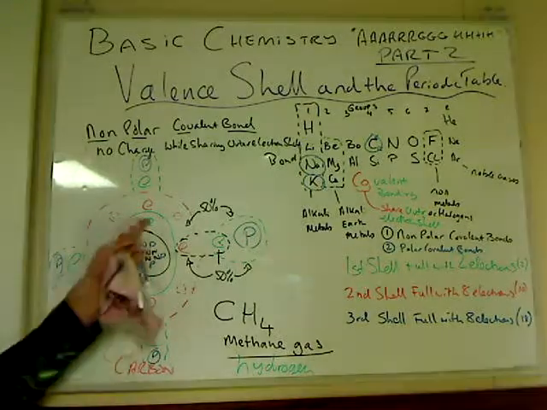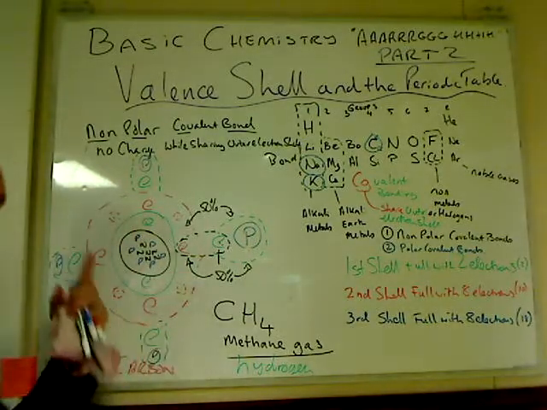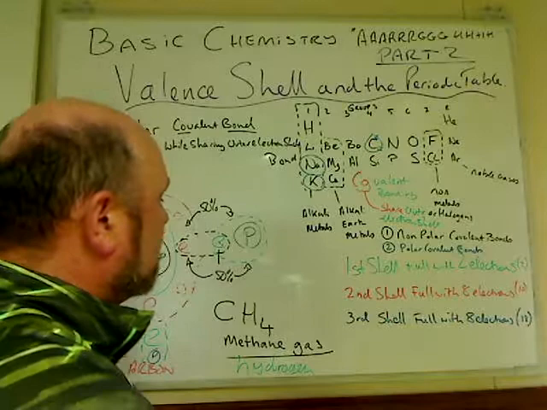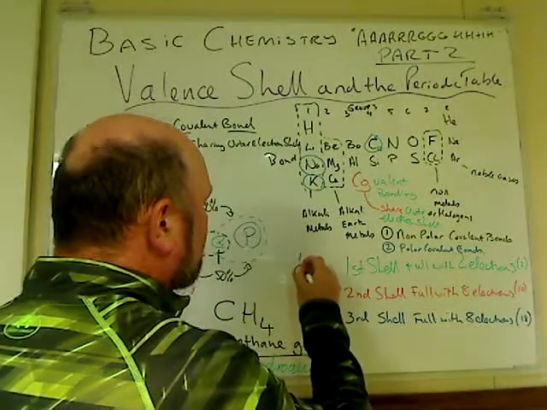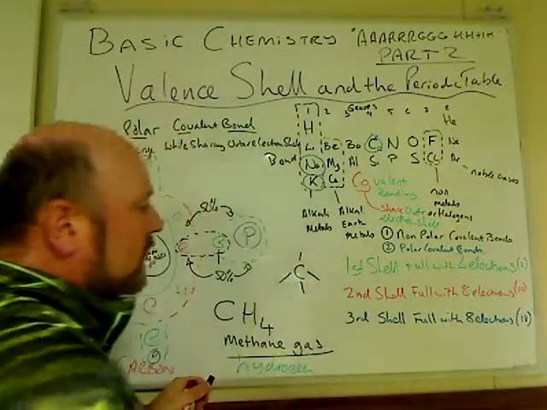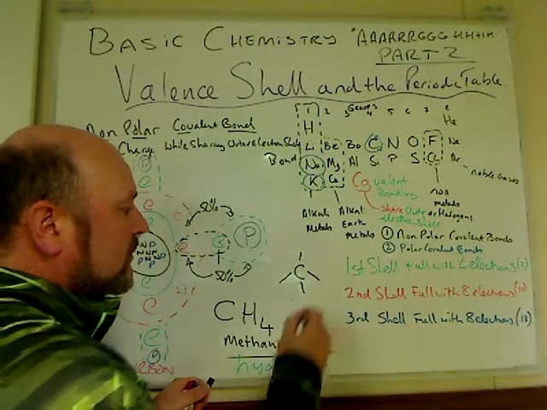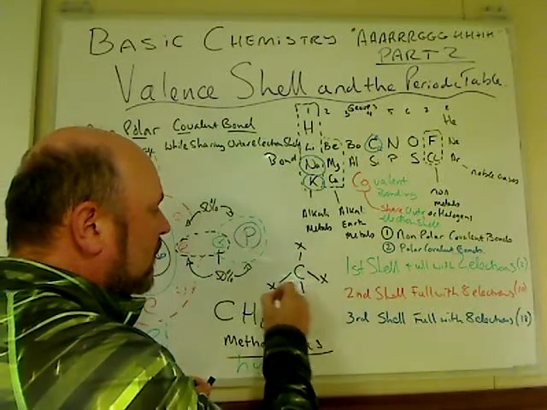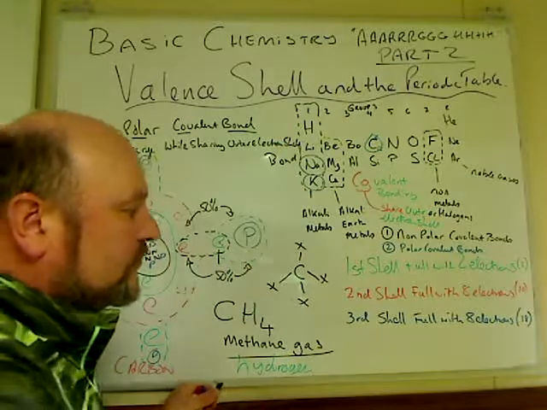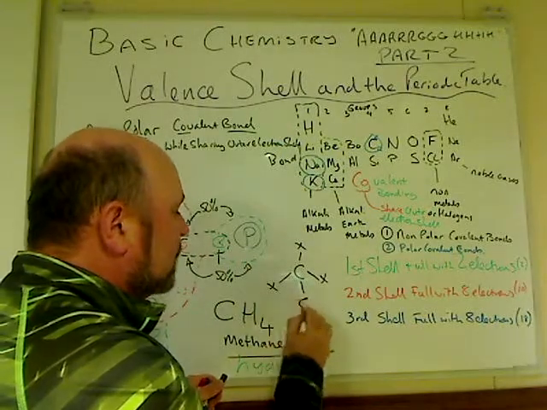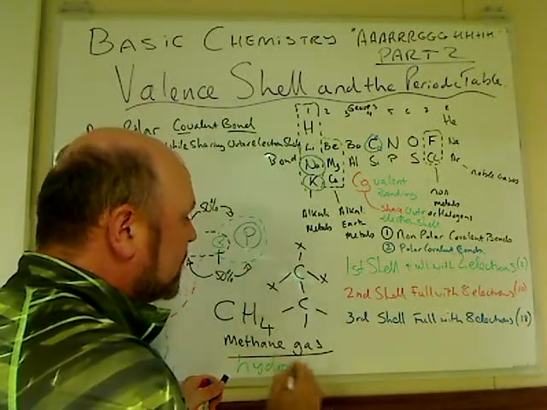But because carbon can create 4 possible bonds, it makes carbon incredibly useful biologically, because it can create lots of different structures. If you add another carbon on here, then you've got another 3 bonds here.